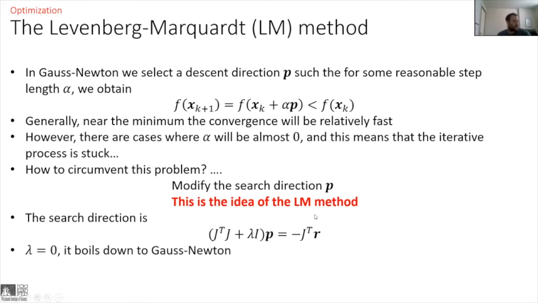To get some intuition, if we take lambda equal to 0, it boils down to the Gauss-Newton method. And if we take a very large lambda, say lambda tends to infinity, it gives us the gradient descent direction, because the identity dominates the J transpose J, and then P can be thought of as gradient descent. So the idea is a kind of mix between gradient descent and the Gauss-Newton method.